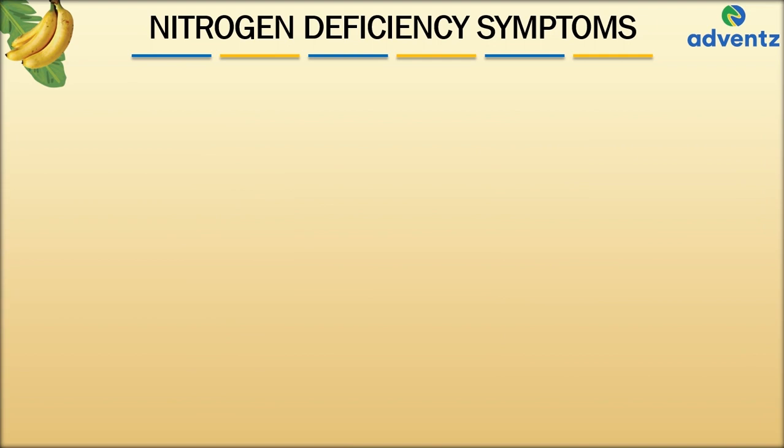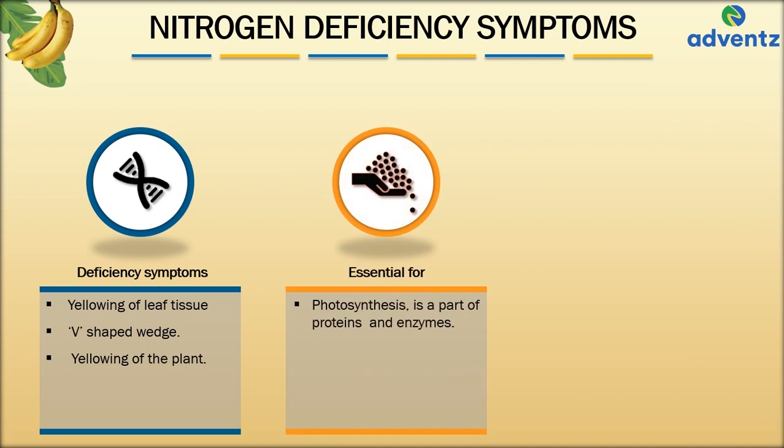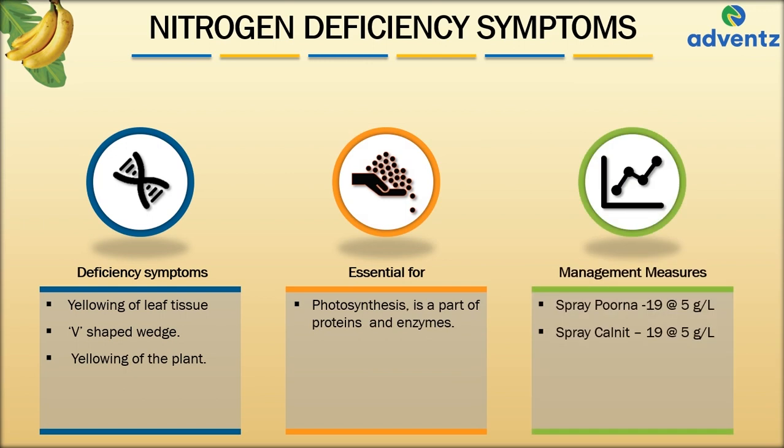As a quick recap, nitrogen deficiency symptoms are yellowing of leaves, V-shaped wedges, and yellowing of the plant. Nitrogen is essential for photosynthesis and it is a part of proteins and enzymes. What are the management measures for nitrogen deficiency?